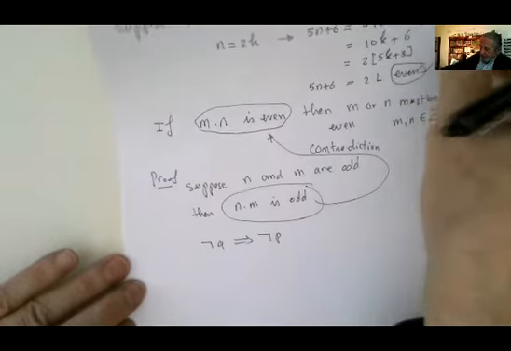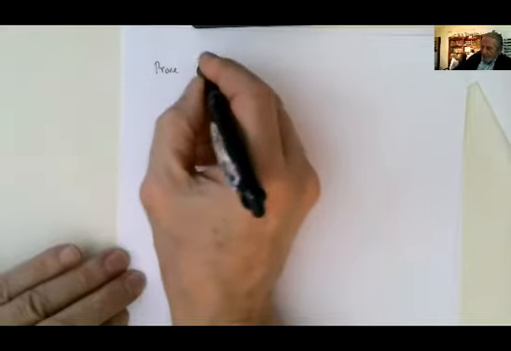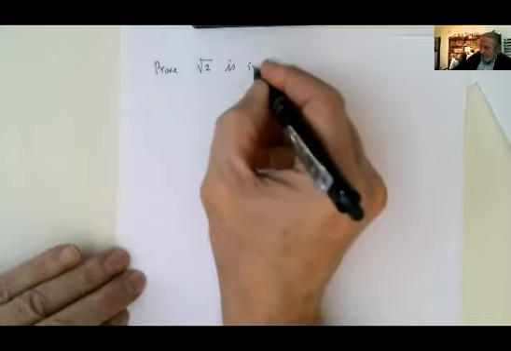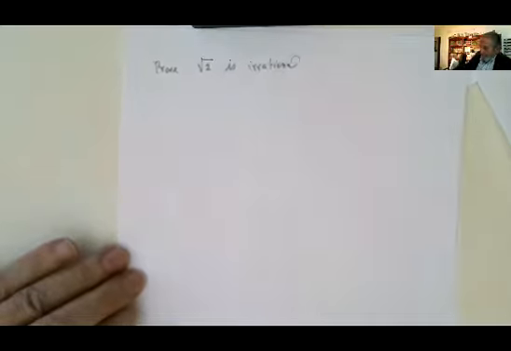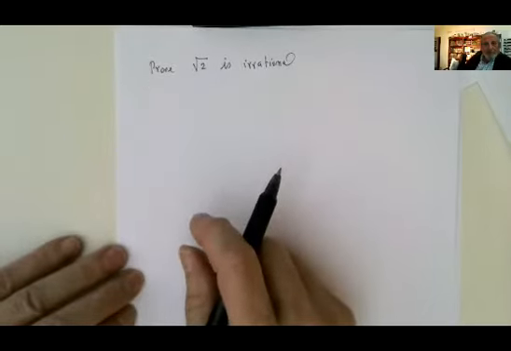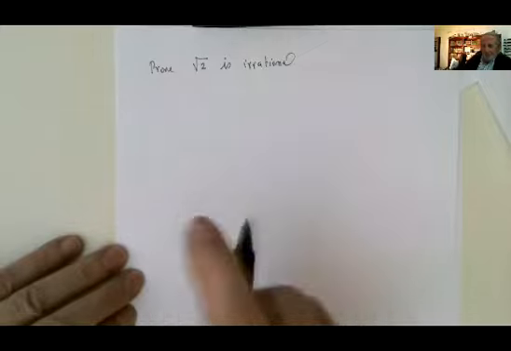Here's an interesting example. Prove square root of 2 is irrational. That's really a very typical example for use of proof by contradiction.